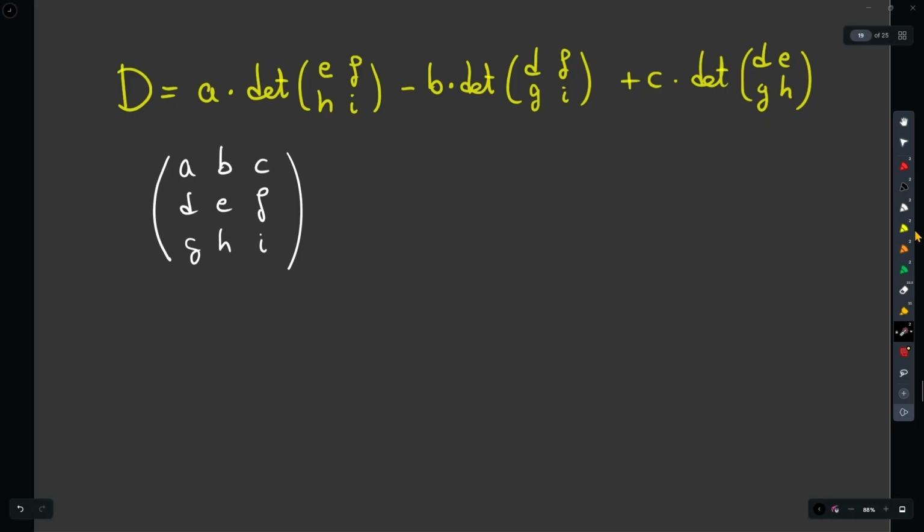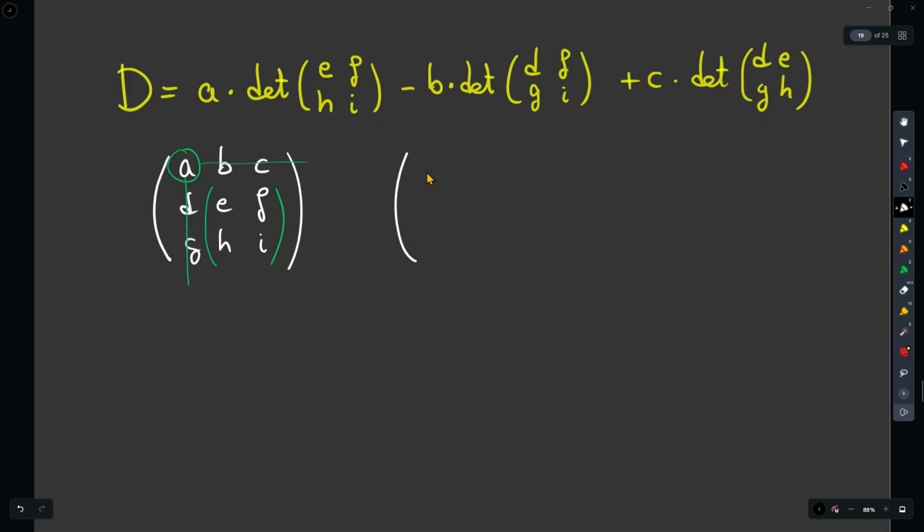Let me do it like this. I'm going to take A, and then look at what's left. If I cross out the row and column where A is, I'm left with what we call a minor, a smaller matrix that is E, F, H, I, which corresponds to this submatrix here. So it's A times this determinant.